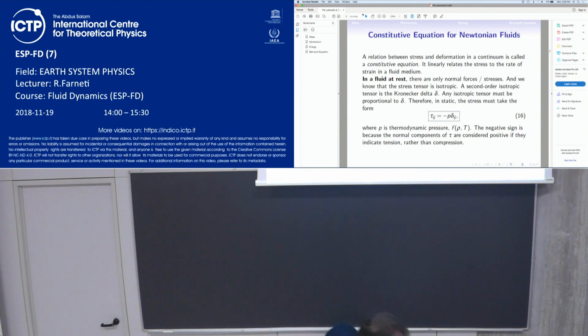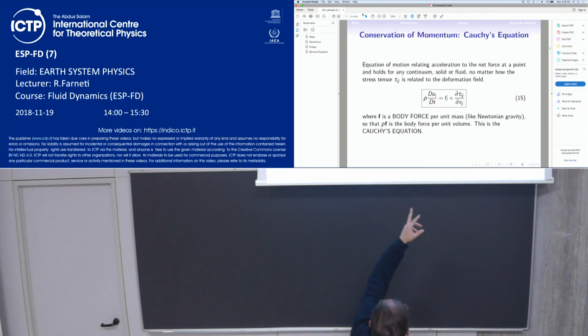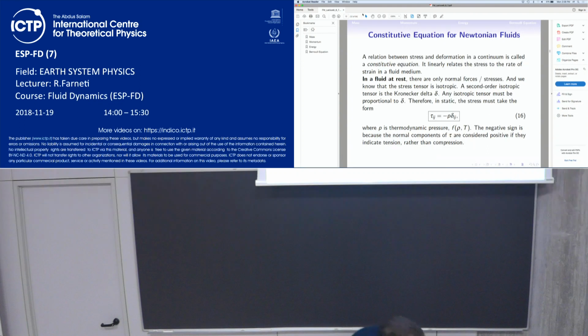Now, how can we progress on that stress tensor tau? We use the constitutive equation for Newtonian fluids. A constitutive equation is a relation between the surface stress and the deformation of your continuum. You can have one for any continuum, even for solids, but we're going to do it for fluids. You start from the condition of fluid at rest, where only normal stresses act on the element of fluid, and that's pressure.